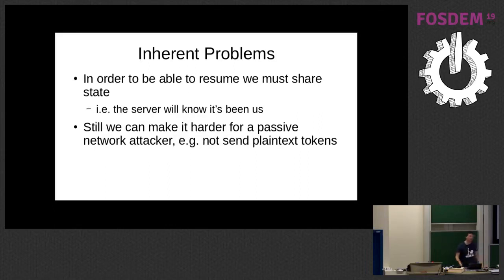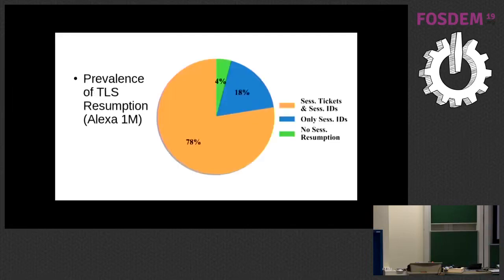So how prevalent is that? How much of a problem is that really, this resumption case? This is the Alexa top million, I think. Yeah, 1 million. It's this proprietary top list of websites made by Amazon. And what we can see here is that only 4% of the internet, let's call it the internet, is not using any form of session resumption.